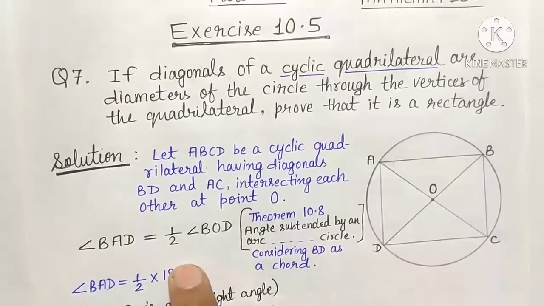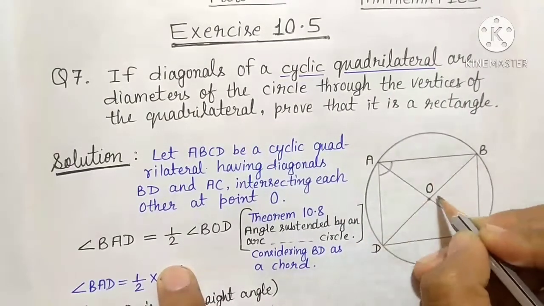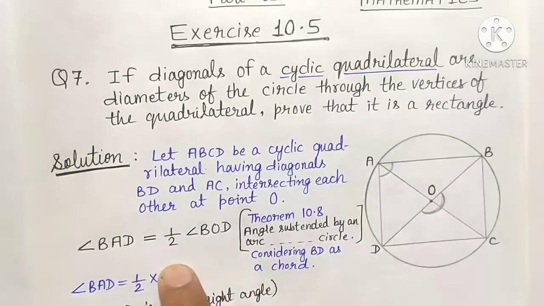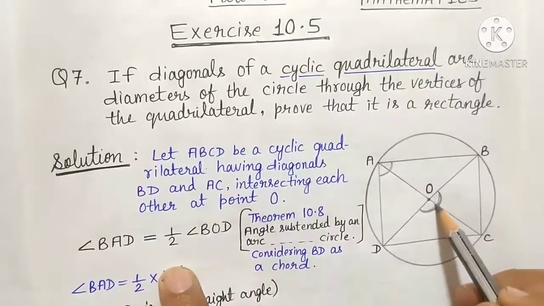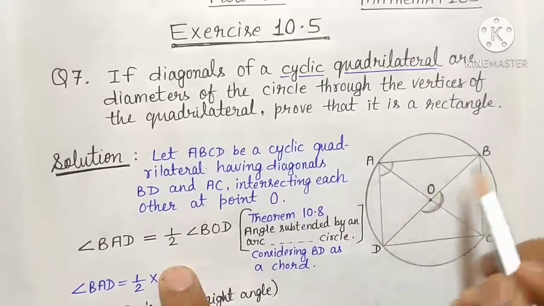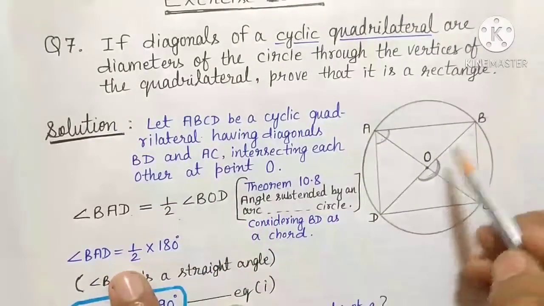So angle BAD is half of angle BOD, because angle BOD is a center angle, and according to theorem 10.8 the center angle is double this one. So angle BAD is half of angle BOD.